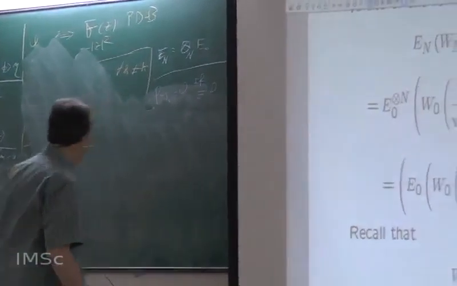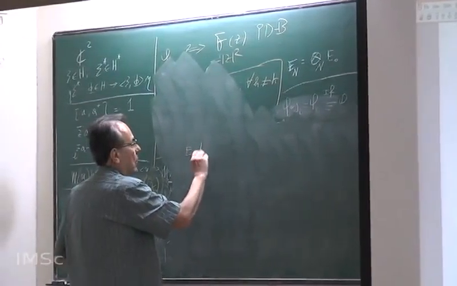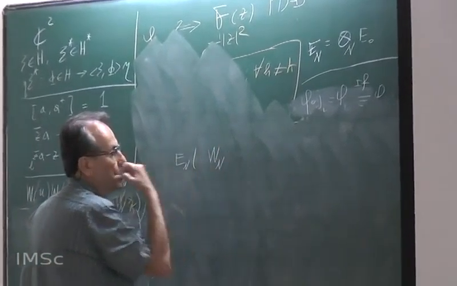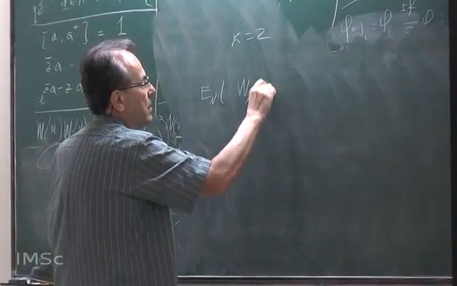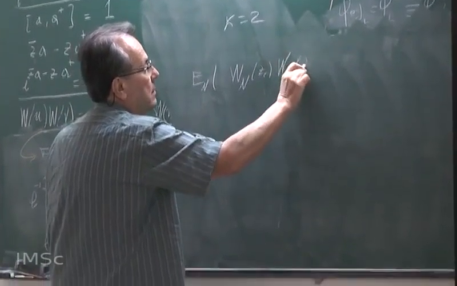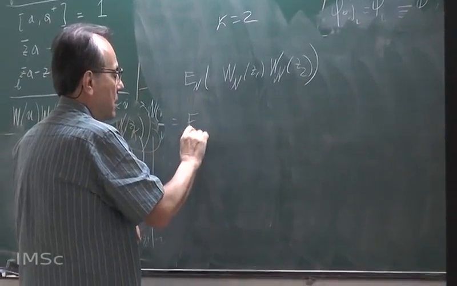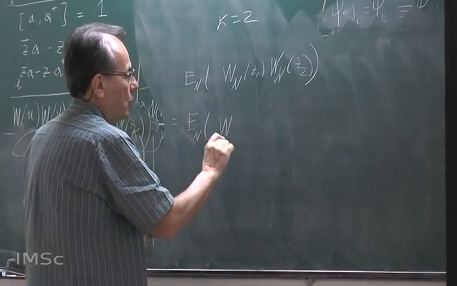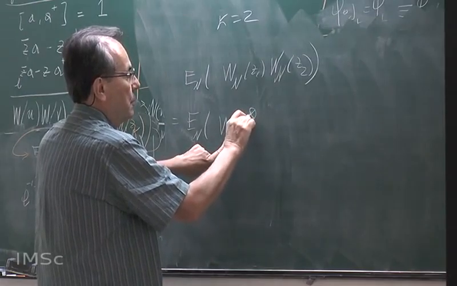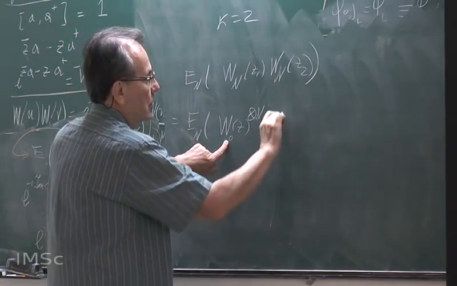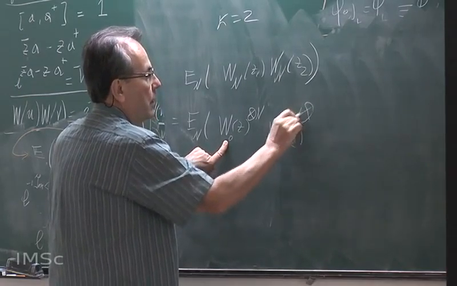No, what I said is simply this. I have E_n of W_n. Let me do it with k equal to 2. So you will understand: Z1, W_n, Z2. So this is equal to E_n of W0 Z1 to the tensor power n, and W0 Z2 to the tensor power n.